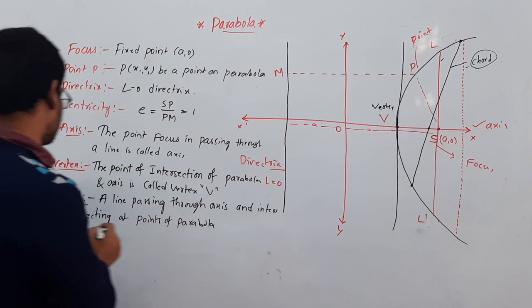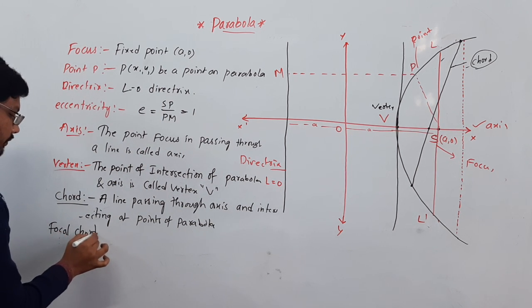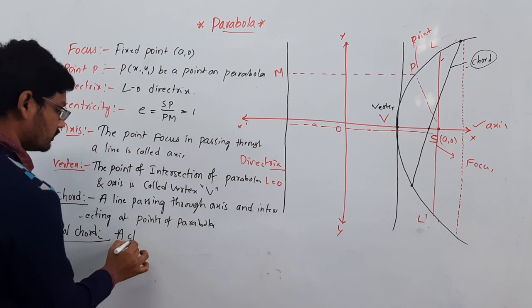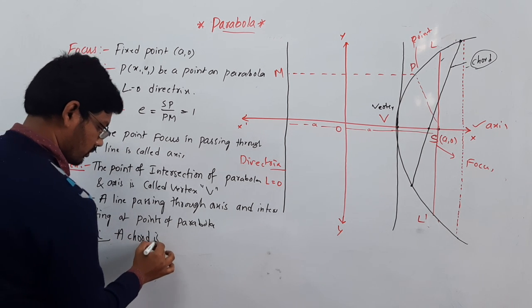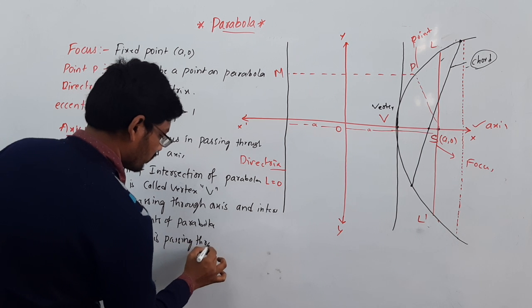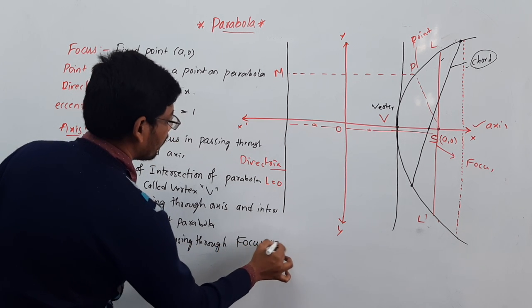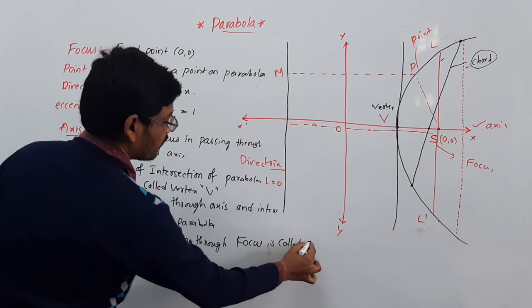And the focal chord. What is focal chord? A chord passing through the focus is called focal chord.